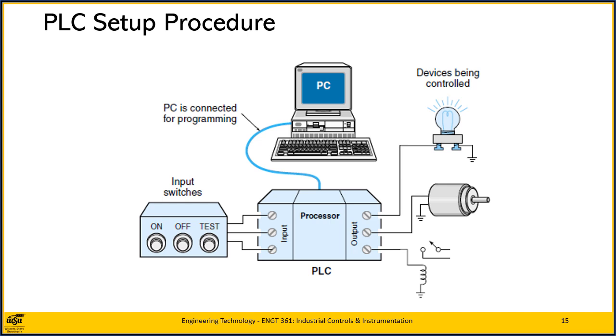And in any real application, the next step is testing and debugging. Testing can be done one of two ways. The total software approach, where the inputs are simulated from the programming terminal PC, or a more real-world approach, where the inputs and outputs are connected to their actual destinations.